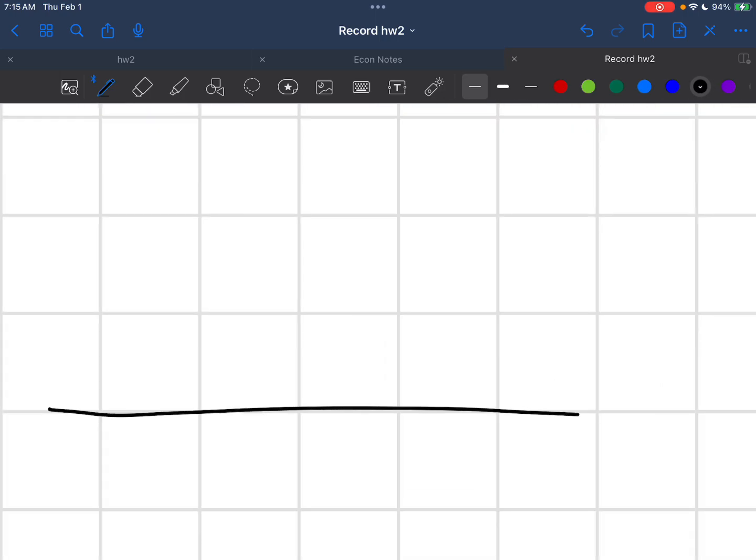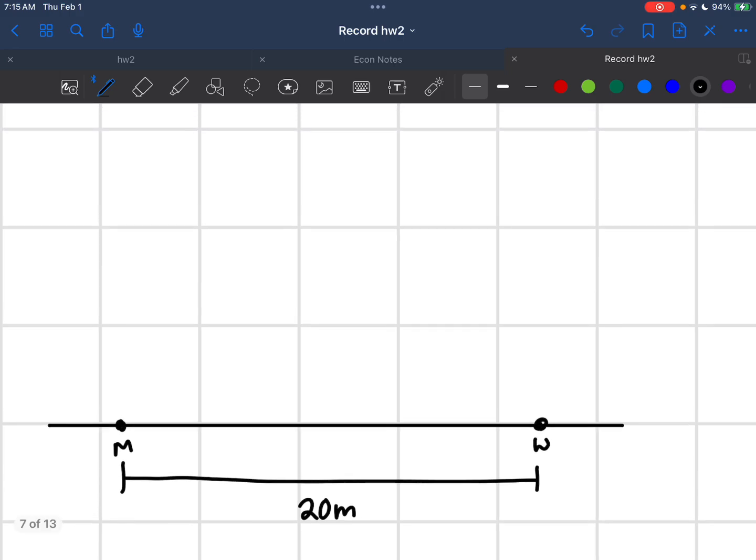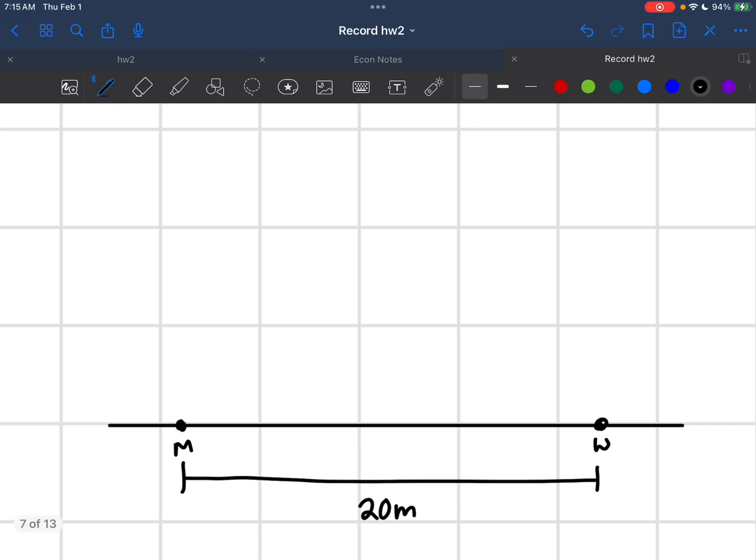So what that tells me is here they are, 20 meters apart. Here's Walter. Here's Matt. And when Matt throws the ball, he throws it at some angle. So here's my initial velocity vector. And we're given that it's 55 degrees above the horizontal.